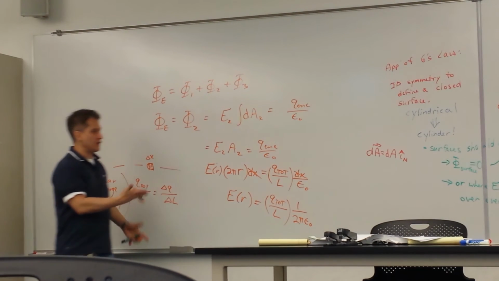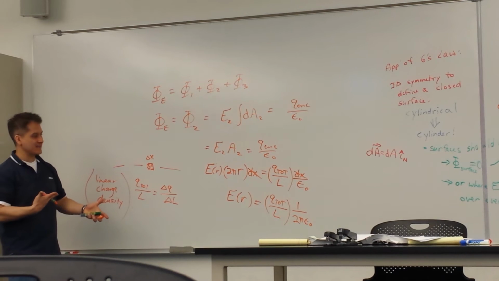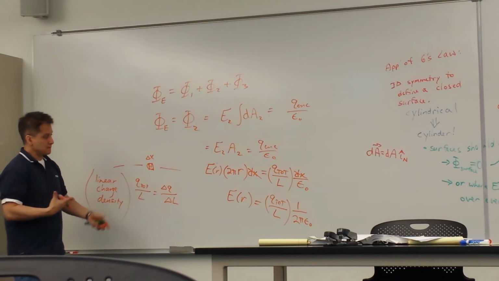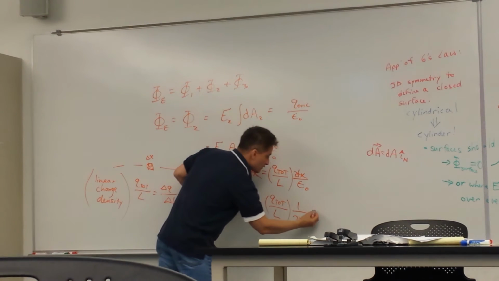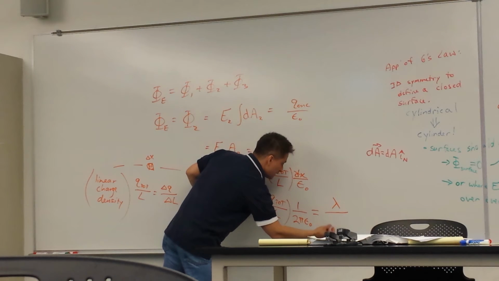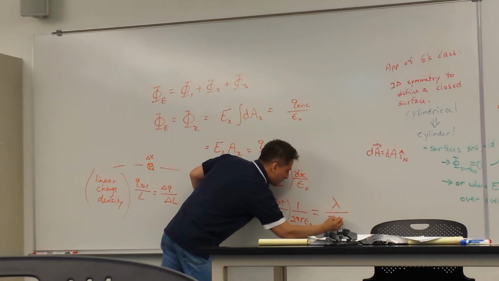And again, you start to see all these reasons why using Coulomb's constant K is not always as useful as just using 1/4π. And sometimes we write this as lambda over 2π epsilon naught r.